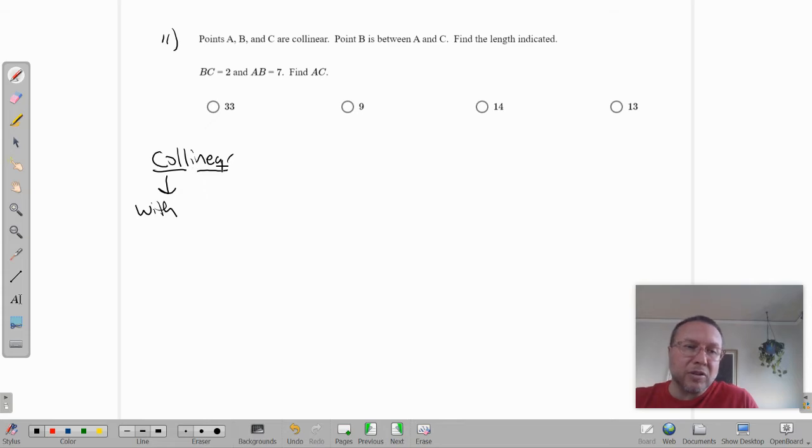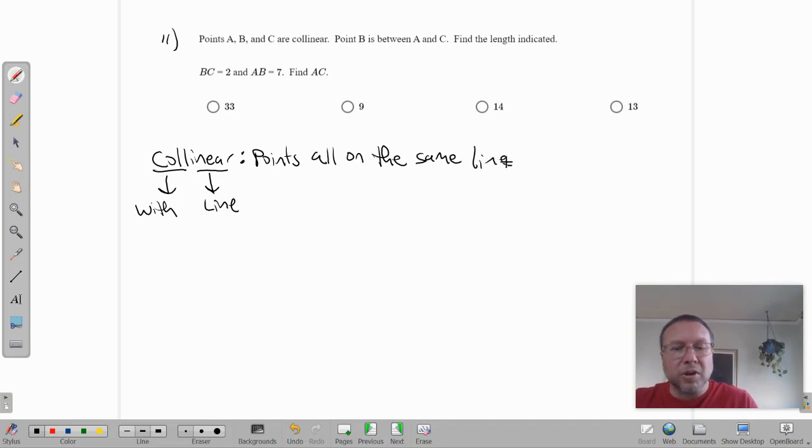And then linear just means line. So these are points that are with the line. Another way to think of that is that the definition is points all on the same line.